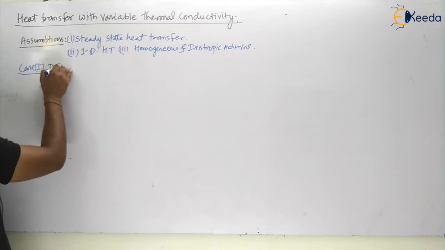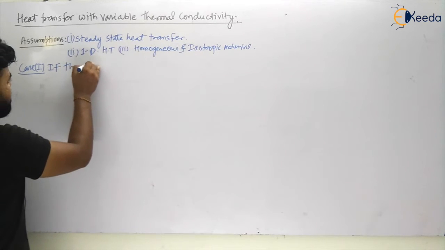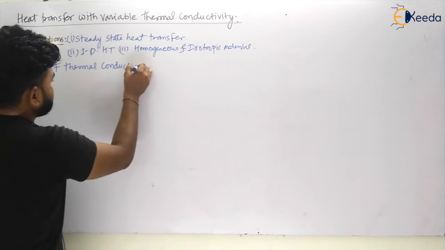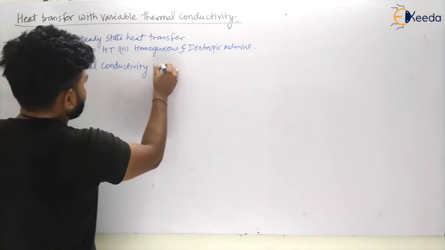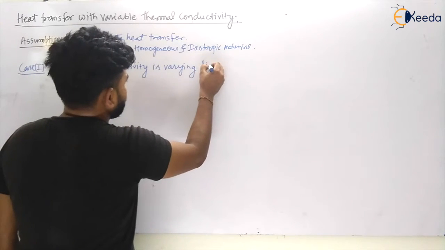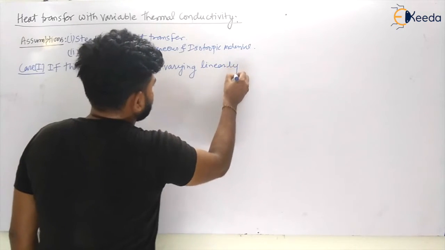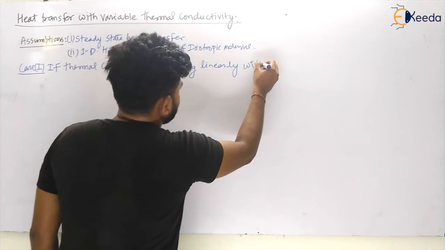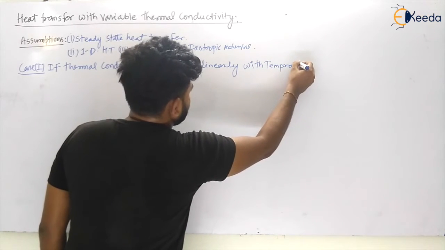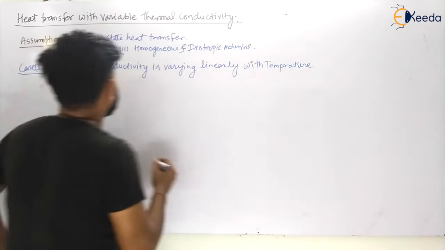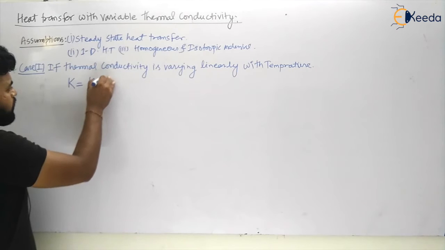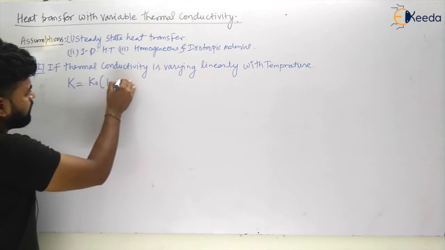If thermal conductivity is varying linearly with temperature, this will be given by K is equal to K naught 1 plus beta T.